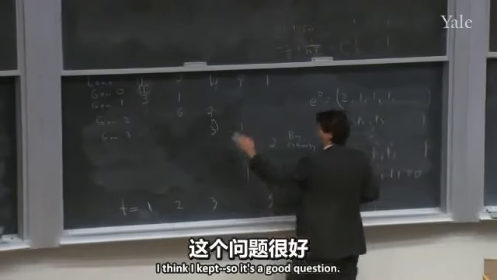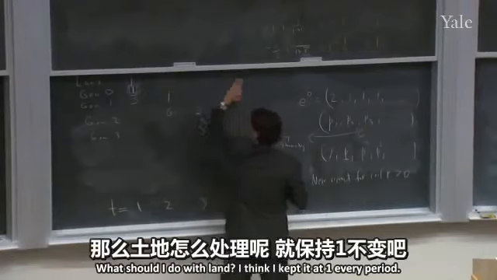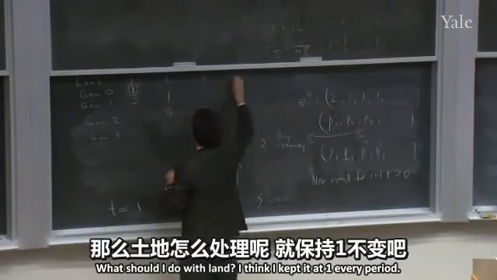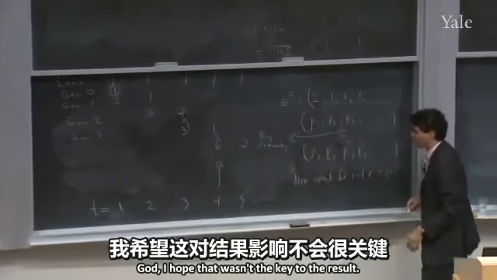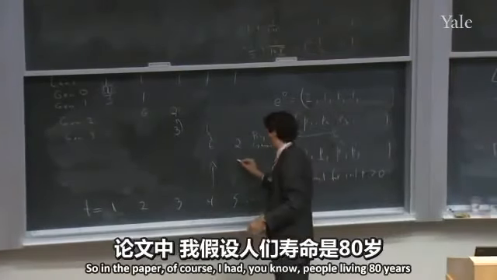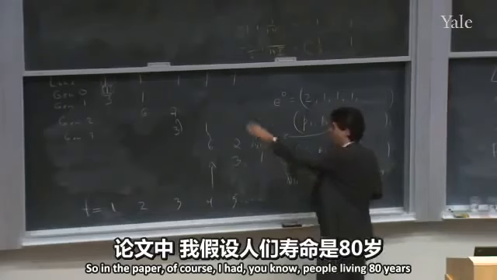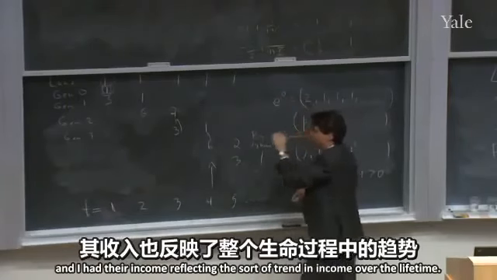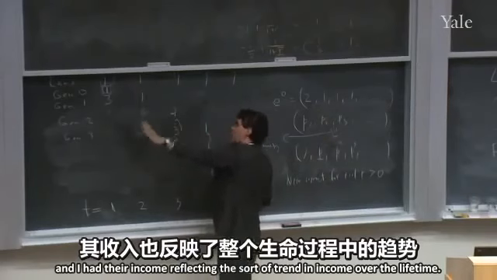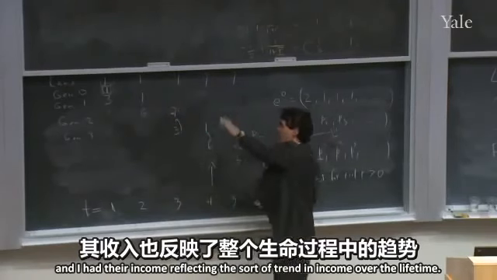And I think I kept, so it's a good question, what should I do with land? I think I kept it at 1 every period. God, I hope that wasn't the key to the result. Okay, so in the paper, of course, I had people living 80 years, and I had their income reflecting the sort of trend in income over the lifetime.